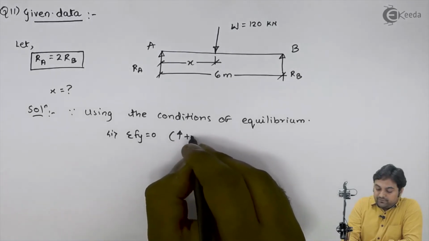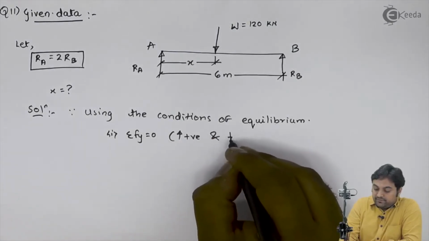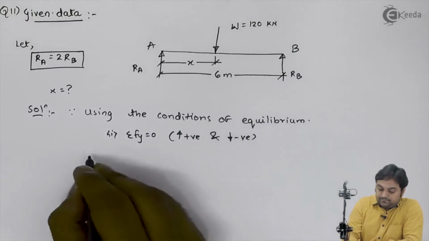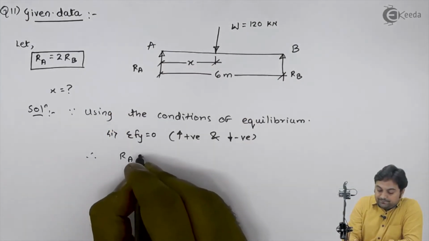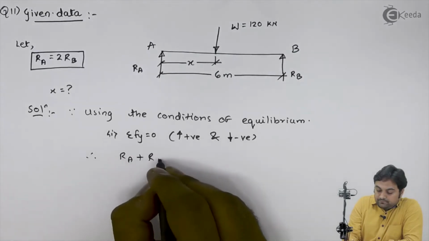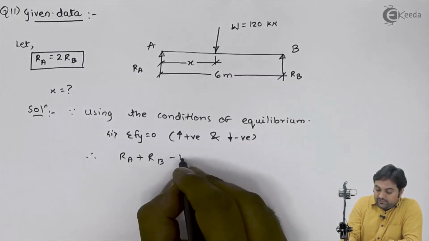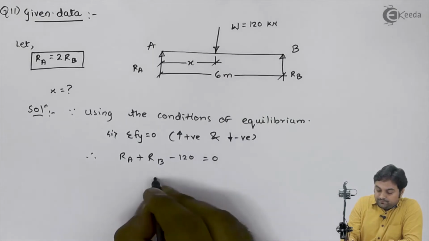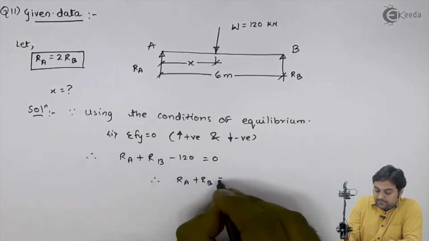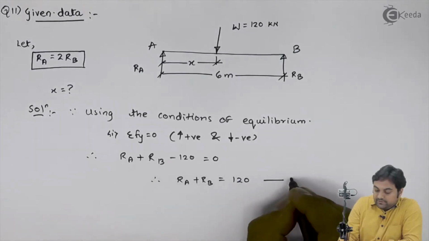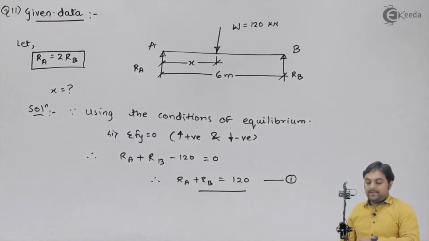Upward force is positive and downward force is negative. Therefore, here I have RA plus RB minus 120, because it is down. Therefore, RA plus RB is equal to 120. This is my first equation.